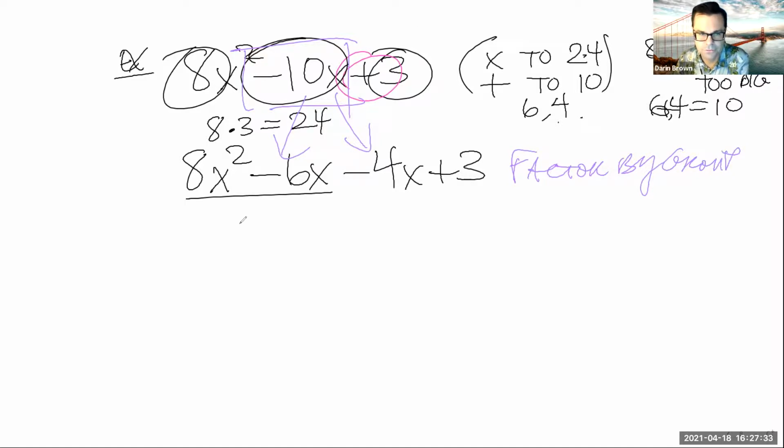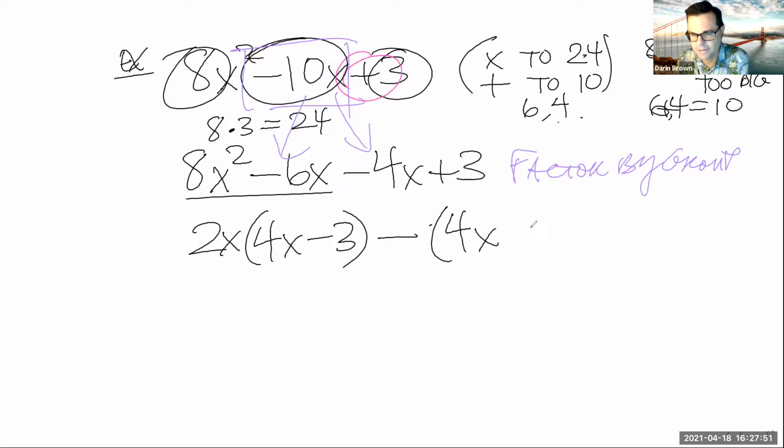These first 2, there's a 2x, and we're left with 4x minus 3. And then this one, well, it's minus 4x plus 3. So if we factor out a minus, we get minus 4x minus 3.